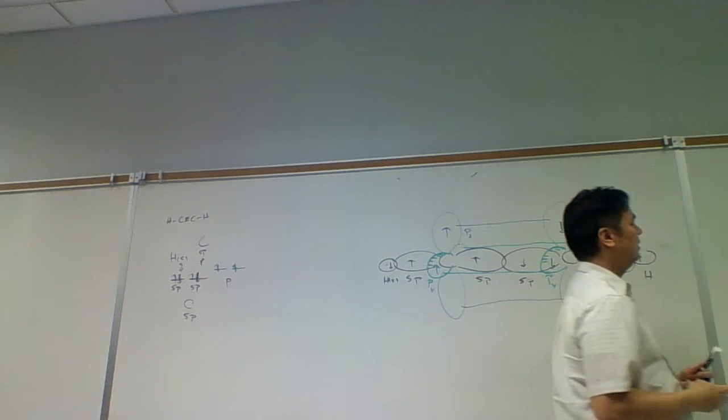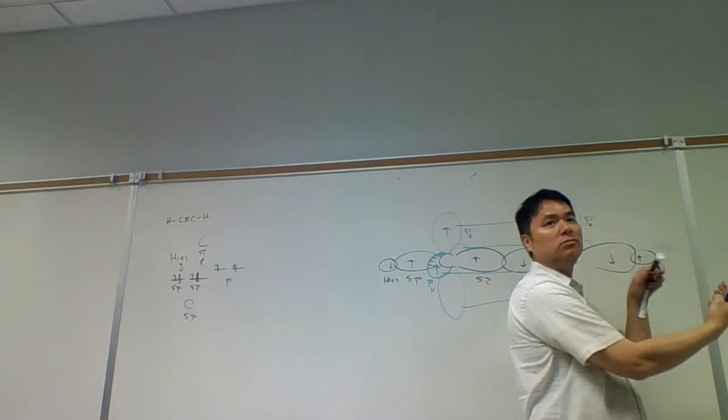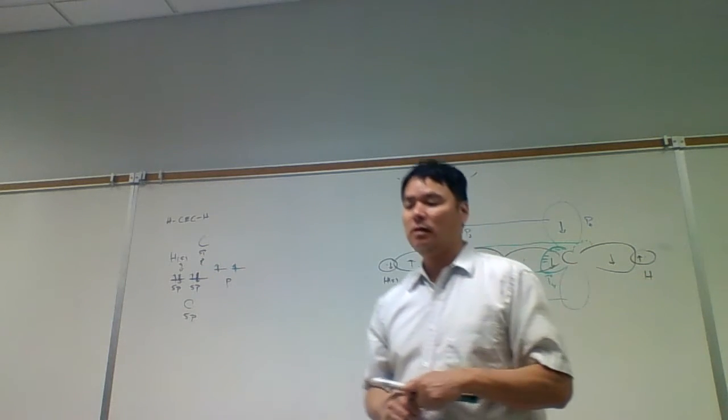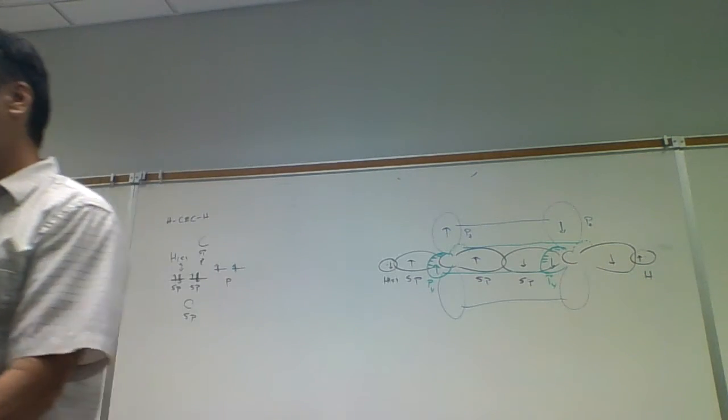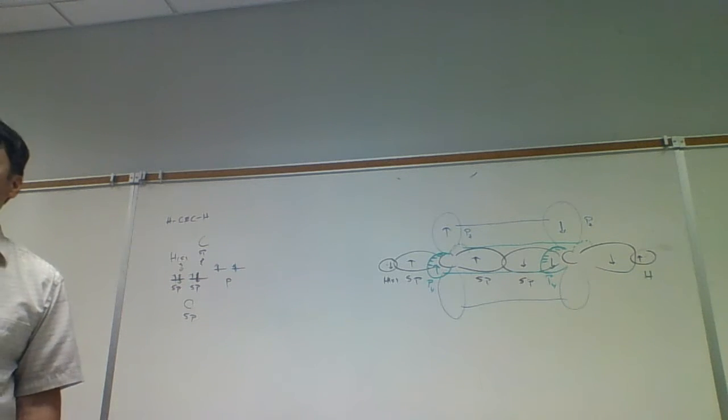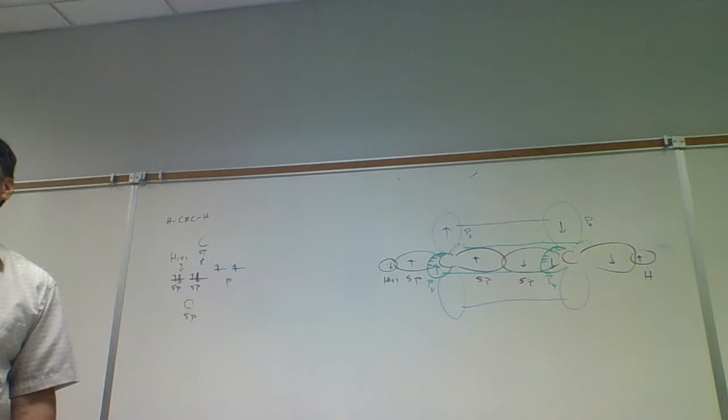And so all that electron density is going to pull the 2 nuclei closer, and it's going to hold them more tightly together. And so triple bonds are quite a bit stronger than single bonds and double bonds. Okay.